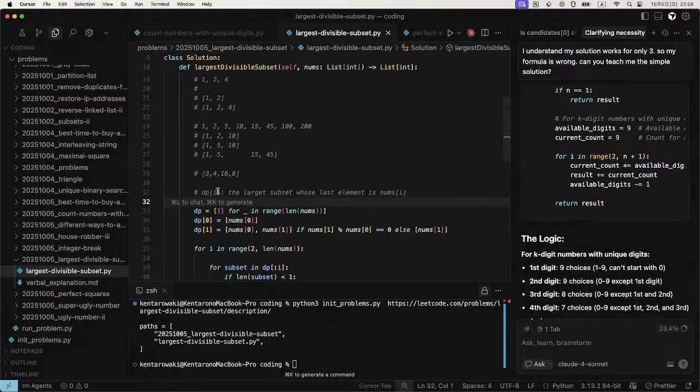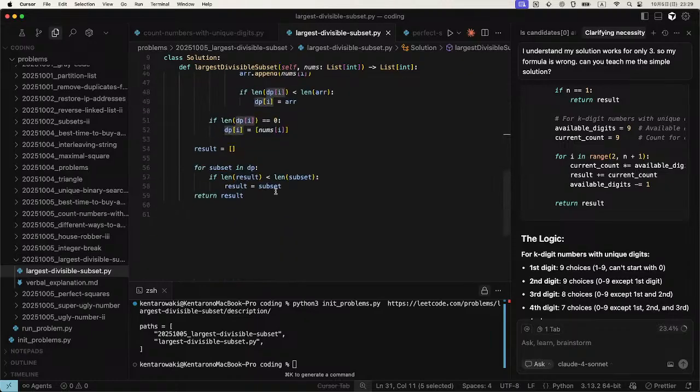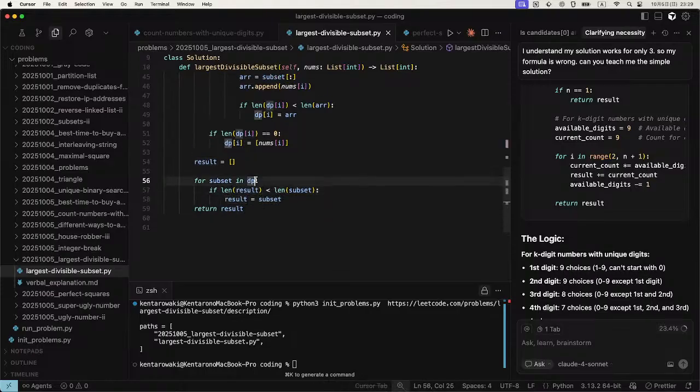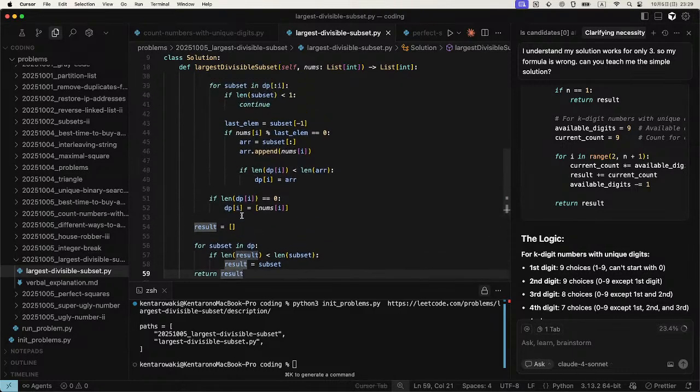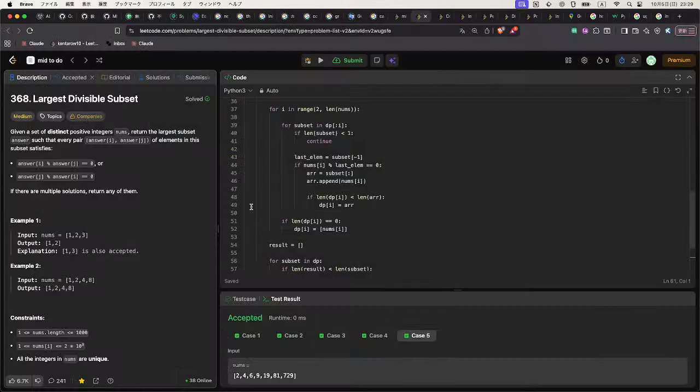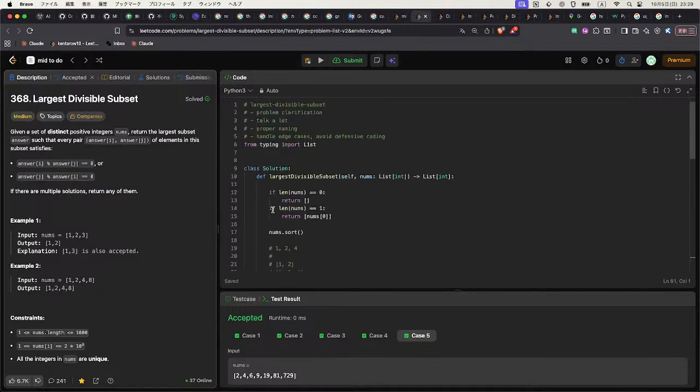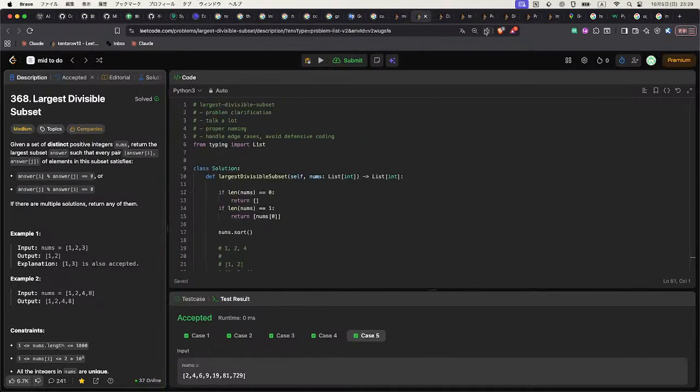The last element of dp is not always the answer, so we have to check the largest subset over dp, and return it. That's it. Okay. This is good.